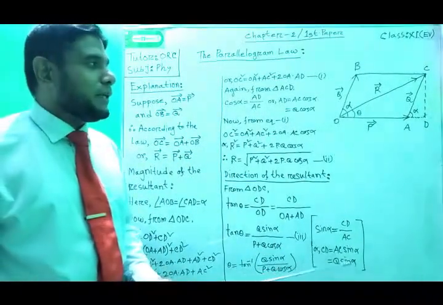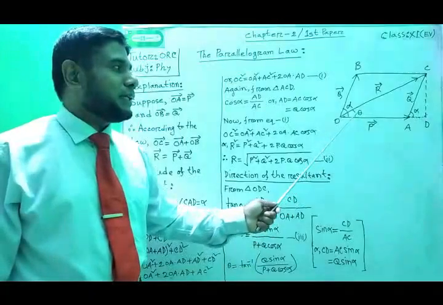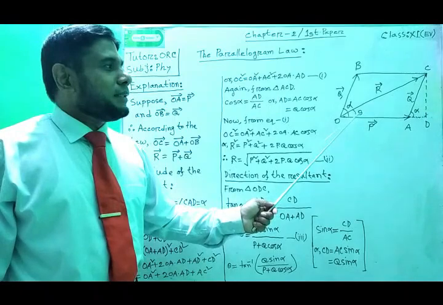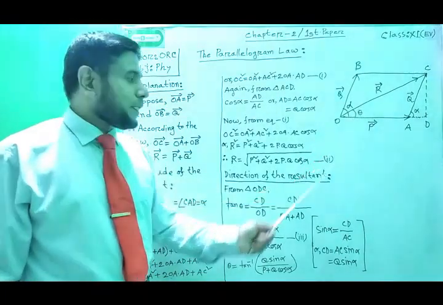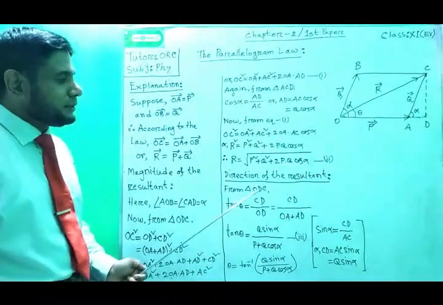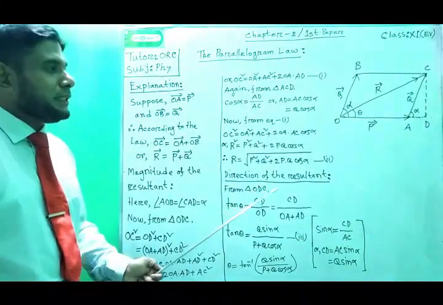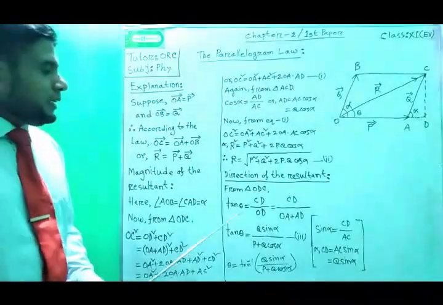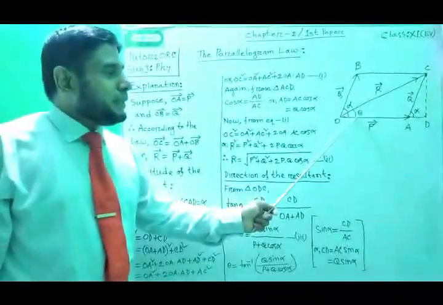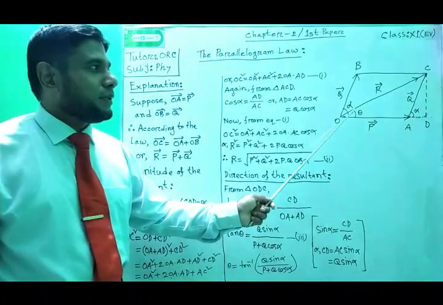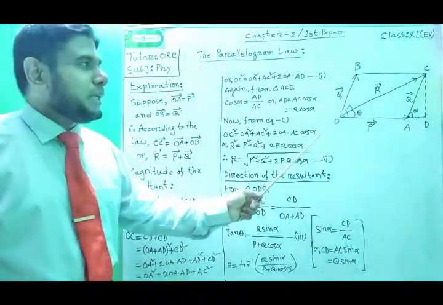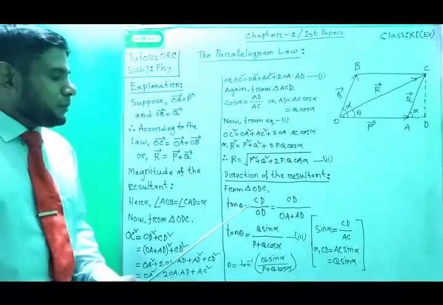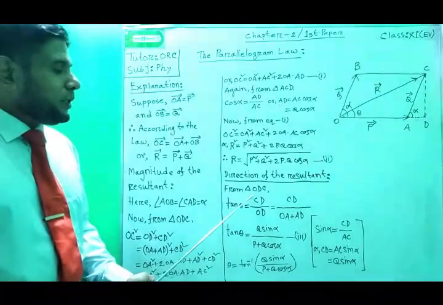From here we can easily find the angle theta, which indicates the direction of the resultant vector R. So from the right angle triangle ODC, we can find tan theta from the slope of OC. We can easily write, according to trigonometry, tan theta equals perpendicular by base.